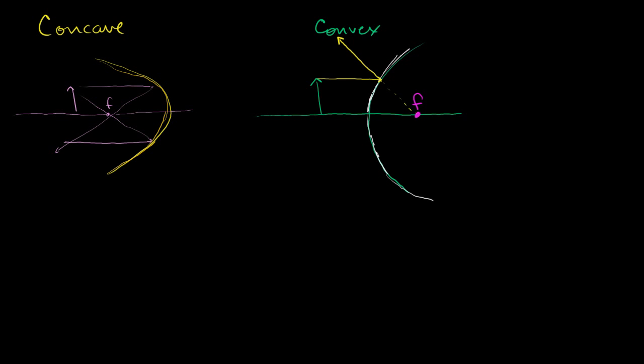And then if we have another ray from the tip of that arrow, going in the direction of the focus, so the focus is there, let me draw the direction. So let's say I have an incident ray going in the direction of the focus. When that gets reflected, it will reflect parallel to the principal axis.